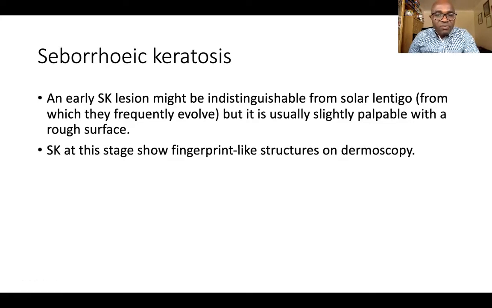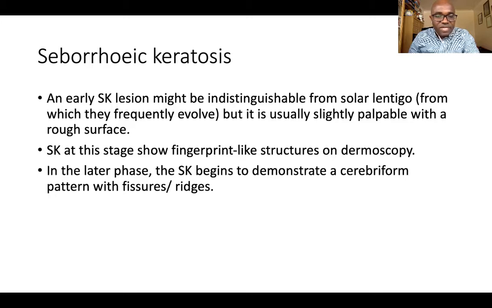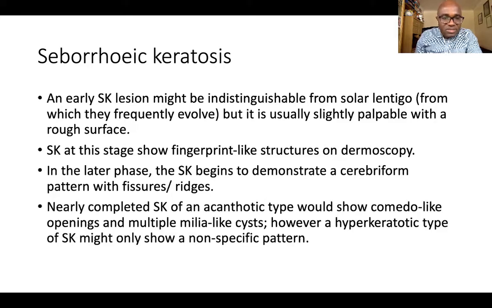When the finger-like projections are seen at this stage, then in later phases the seborrheic keratosis begins to change to become like the brain, the cerebriform. So when it starts growing and gets bigger, you get the cerebriform pattern. Then it starts getting the fissures, the keratinization and the ridges as well.